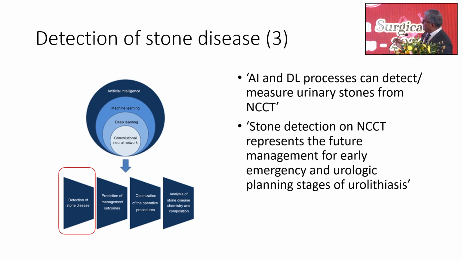So if you distill that data down, artificial intelligence, deep learning, can detect and measure stones accurately on non-contrast CT. And this stone detection and management actually moves things along.